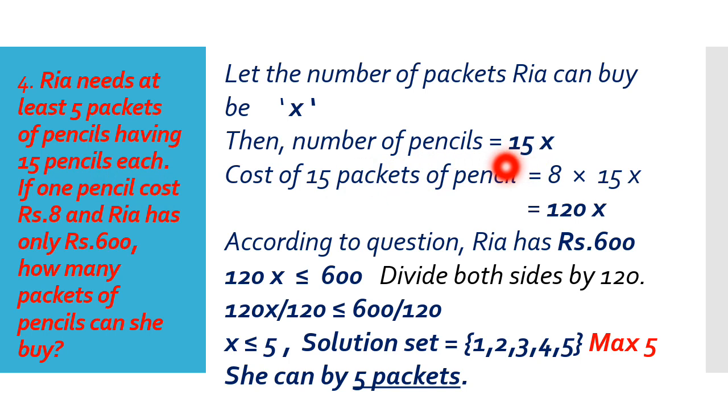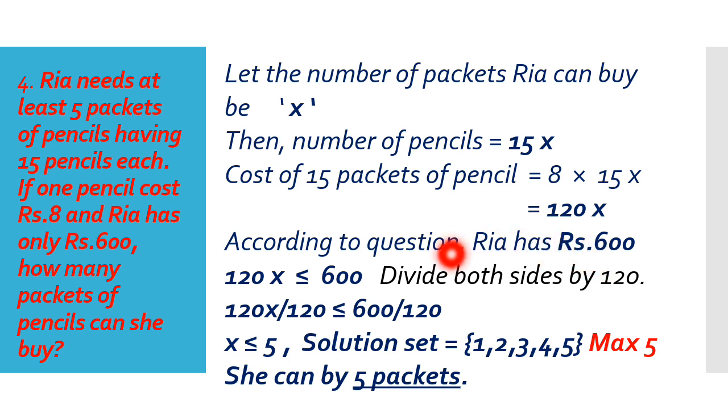Correct. So the cost of the packets of pencils, as the number of pencils is 15x and one pencil costs 8 rupees, so 8 into 15x, it will be 120x. But as per the question, we know that Ria has only rupees 600. So whatever number of packets of pencils she can buy, the cost must be equal to or less than 600.